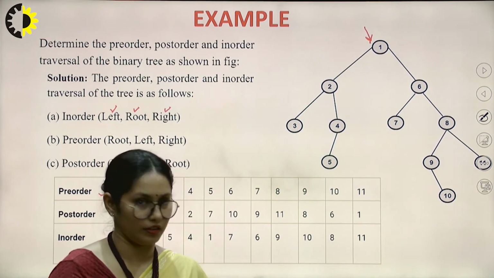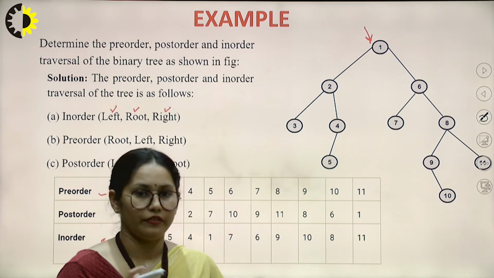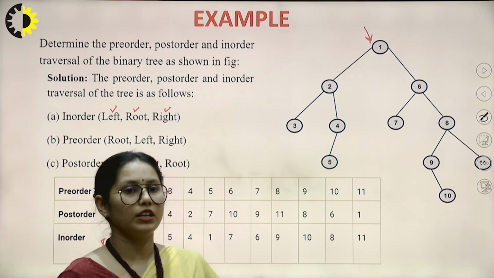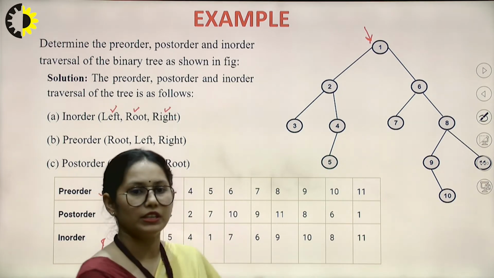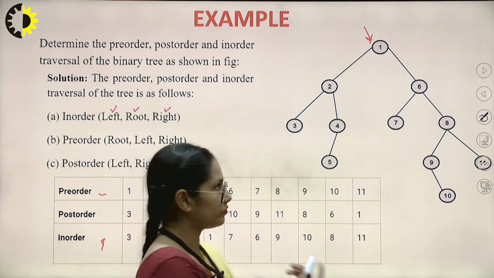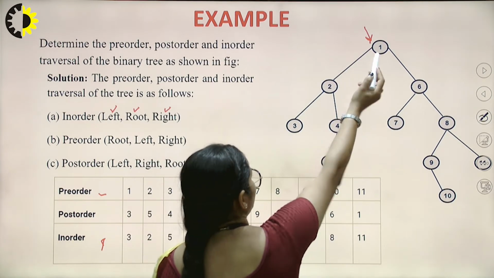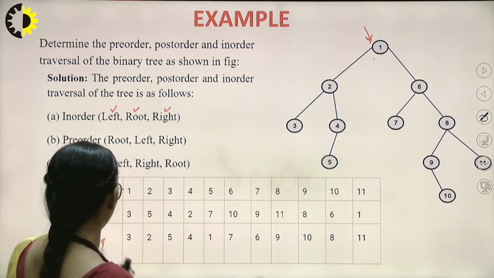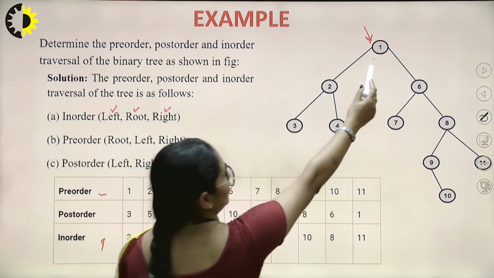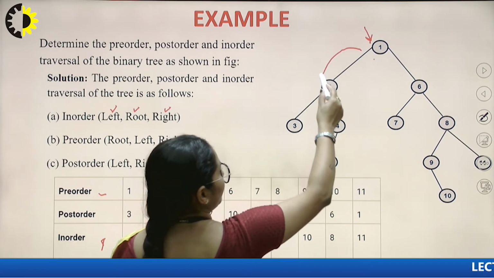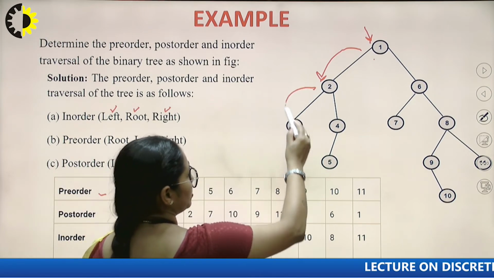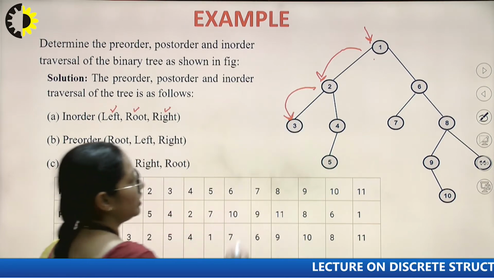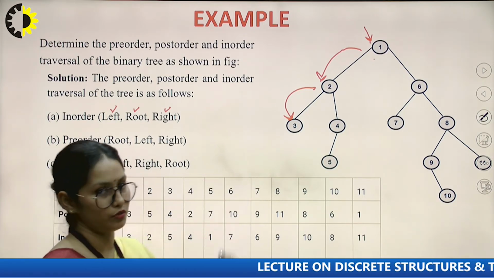In order traversal, first of all, I have to visit all the leftmost nodes. So what will be the leftmost nodes here? First of all, I'll go to 1, then I will jump to the left side, that is 2, and then I will go to 3, because 3 is the leftmost node available.